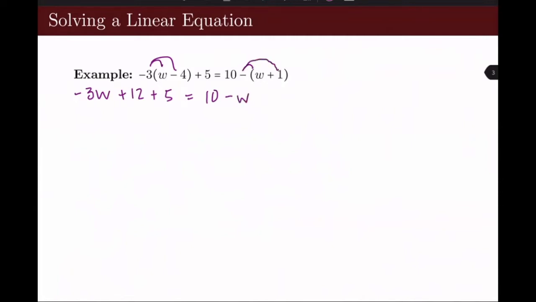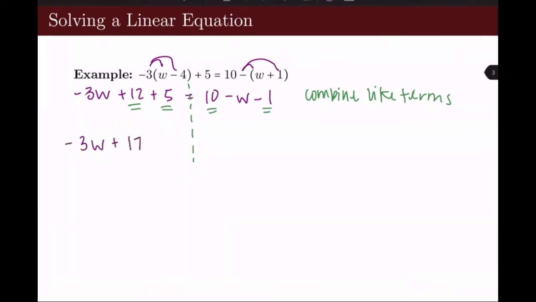And then we distribute the negative again, so it's minus 1. Now on each independent side, we can combine like terms. So our like terms on the left side are going to be 12 and 5. And our like terms on the right side are going to be 10 minus 1. So we'll get negative 3w plus 17 equals 9 minus w, since 10 minus 1 is 9.